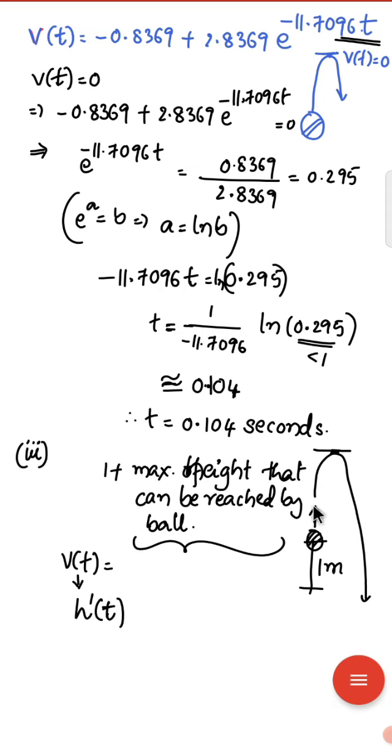In case it is the height, not the distance, you can say it is particularly the height. So we write h dash of t is equal to minus 0.8369 plus 2.8369 e to the power of minus 11.7096 t.